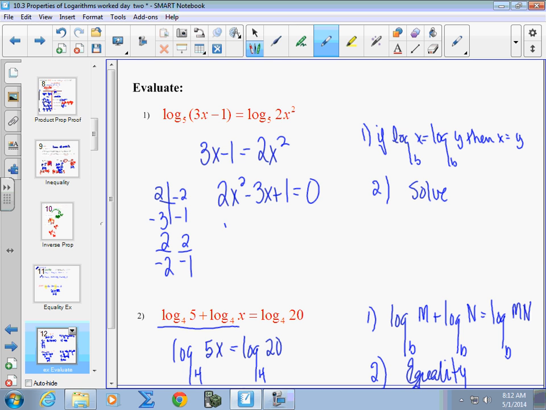So we have x minus 1 and 2x minus 1 is equal to 0. So x is equal to 1 and x is equal to 1/2. Both of those are solutions. You might want to check your answer and plug them back in.